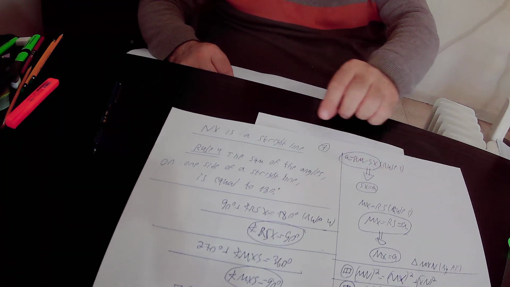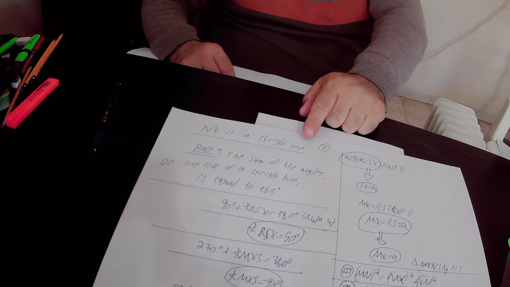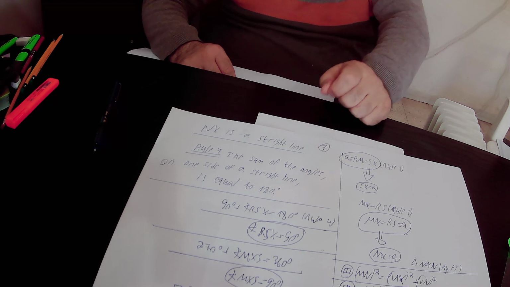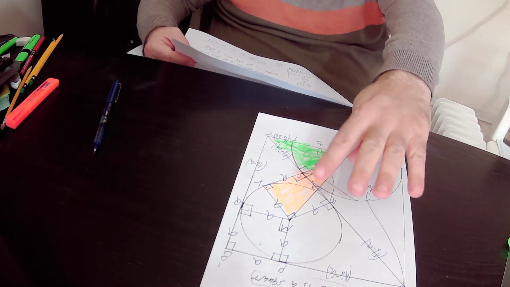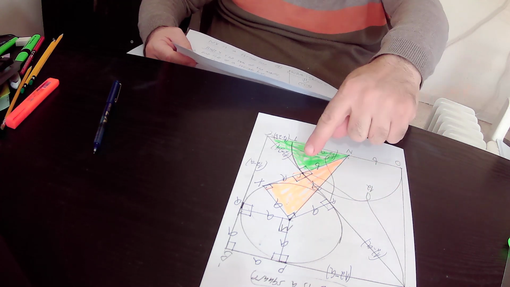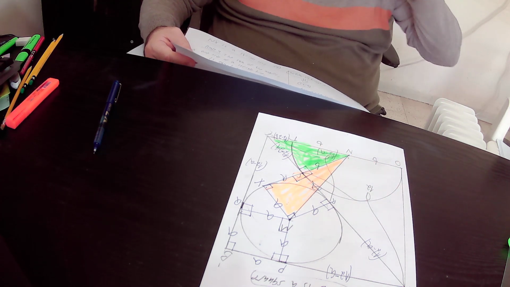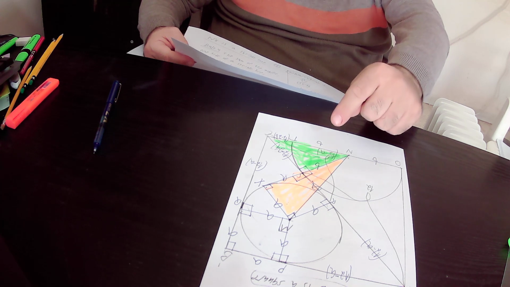We know that NX is a straight line, and we have rule number 4. According to rule number 4, the sum of the angles on one side of a straight line is equal to 180 degrees. So if we focus on the upper side of the straight line NX at point S, then the sum of the angles must be equal to 180 degrees. Which angles do we have at point S?